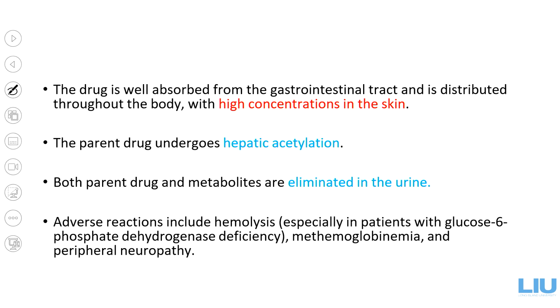The drug distributes very well, but it concentrates in the skin, which is obviously a good reason why we use it for leprosy. As it distributes through the body, it accumulates in the skin. It goes through hepatic acetylation. Remember acetylation? We have fast and slow acetylators, so just something to keep in mind.